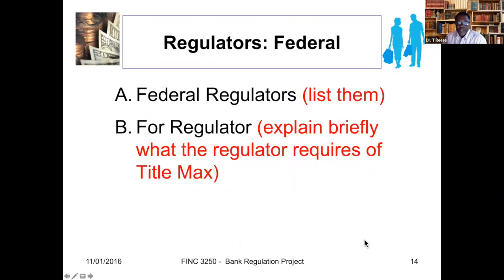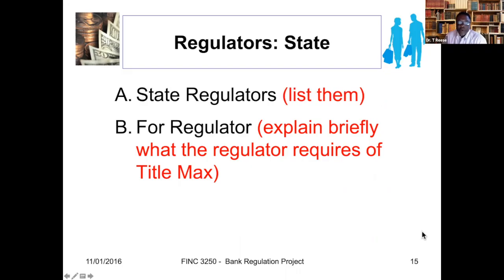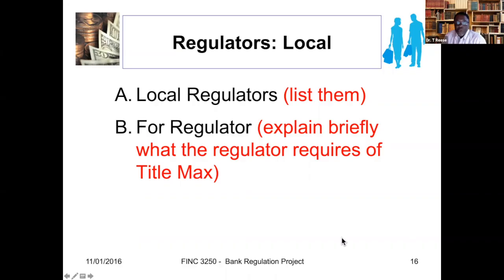On slide 14, you'll list the federal regulators and briefly explain what the regulators require of Title Max. If there's a state regulator or regulators, we're going to list them. Again, you will explain what these state regulators require of Title Max. If there's a local regulator, then again, you'll list the local regulator or regulators and explain what the regulators require of Title Max.